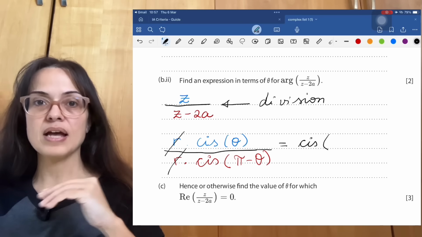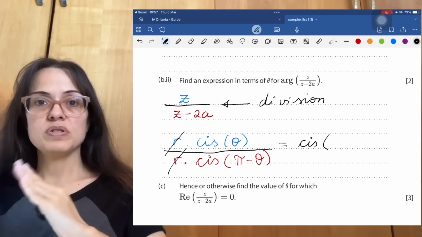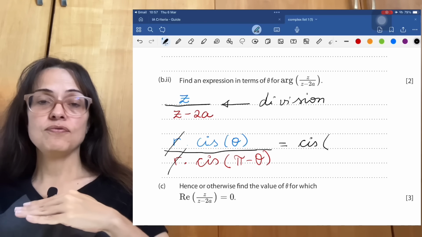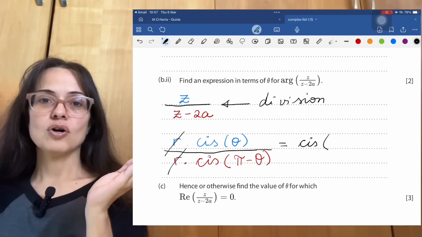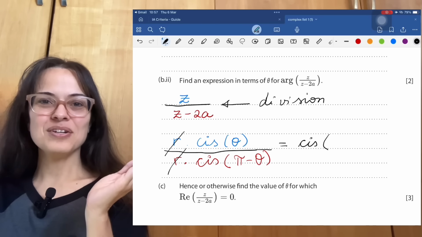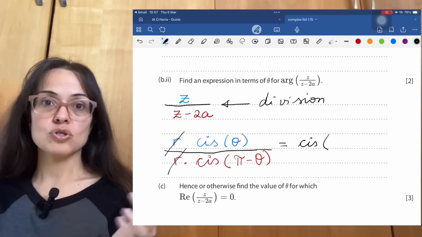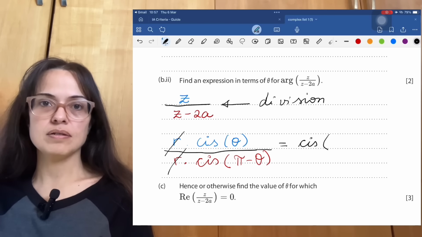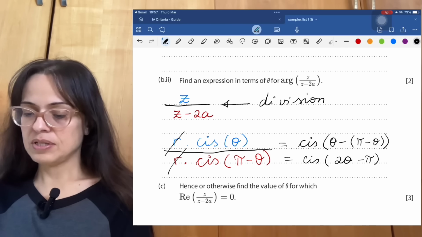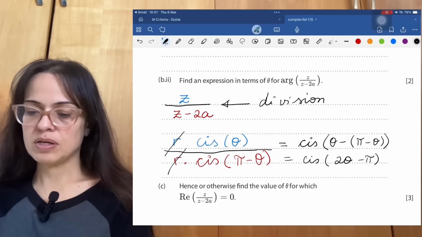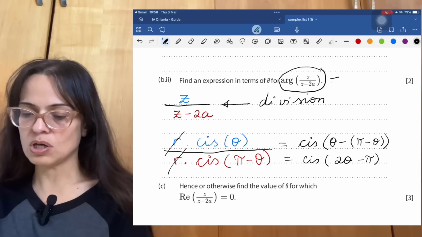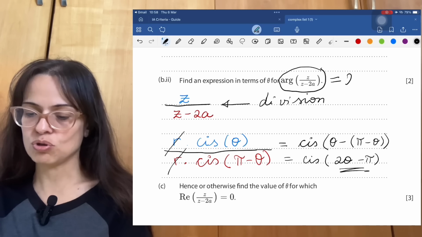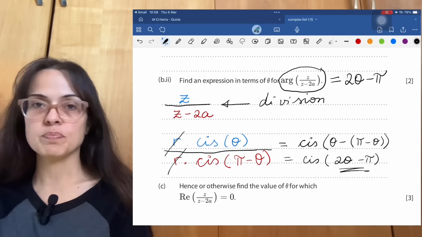So instead of adding that other angle, I'm going to be subtracting it, because if you multiply by a number you rotate in one direction, then of course dividing, you're going to be rotating in the other direction. So you're actually subtracting the angle. Right, so this is the result for the complex number that he was talking about, but his question was just about the argument. So the argument is just the angle here. It's 2 theta minus pi.